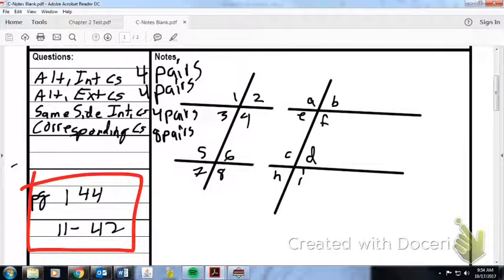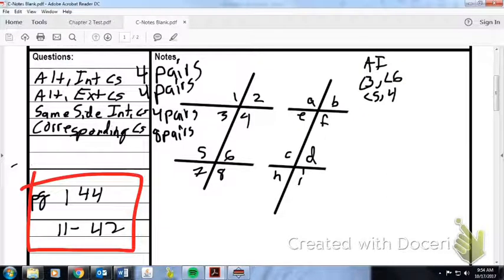So, alternate interior angle pairs. So, alternate interior pairs are going to be 3, 6, 5, 4, and then E, angle D, angle F, angle C. Alternate exterior.